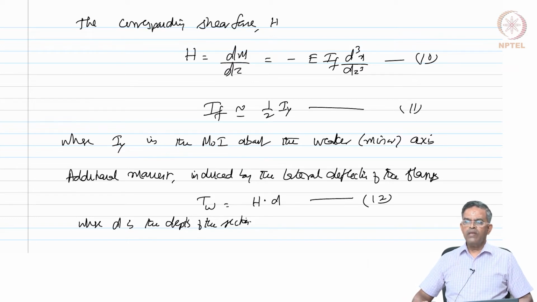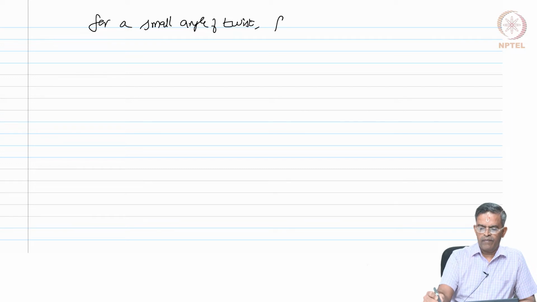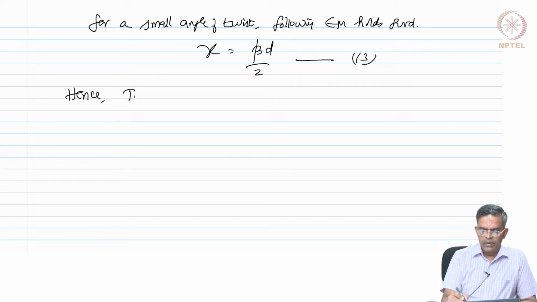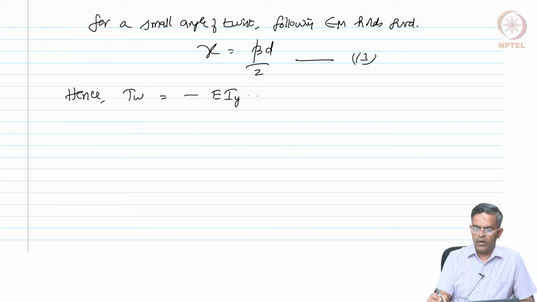Now friends, for a very small angle of twist, we can assume the following. x is beta d by 2, hence Tw will now be minus E Iy d square by 4 d cube beta by dz cube, equation 13.